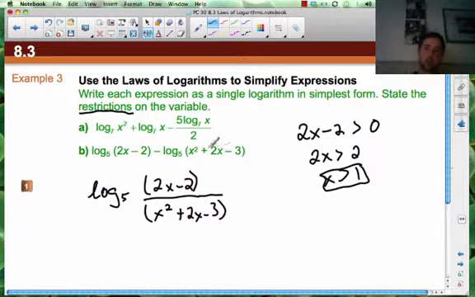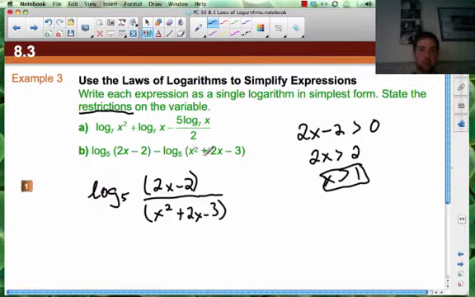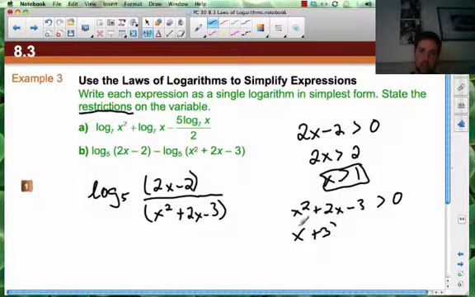Now we have another restriction here. We're going to have to factor this to figure it out. We're actually going to have 2 restrictions here because this is a quadratic with 2 roots. So we can't take the log of something less than 0, so x squared plus 2x minus 3 must be greater than 0, meaning x plus 3 times x minus 1 must be greater than 0.